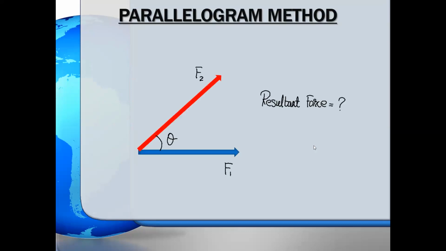Now, look at this diagram. These are the two forces between the two vectors, and this is an angle theta. This is where you will apply parallelogram method. Actually, parallelogram method is used when you are dealing with two vectors. Parallelogram method is suitable for two vectors. Now, you have to copy this screen.